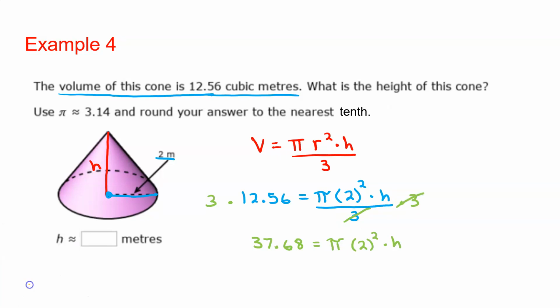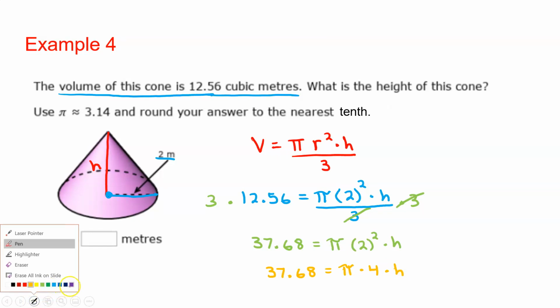Well, what can I do next? We can simplify that 2 to the second power. So we're going to bring down 37.68 is equal to pi times 4, right? 2 to the second power is 4, times h. Well, at this point, there's a couple of things that you can do. It's up to you how you want to continue this.